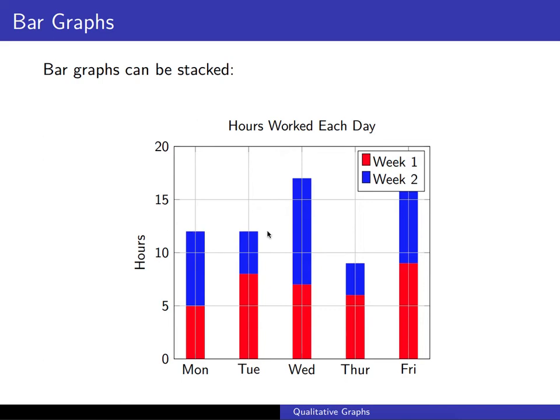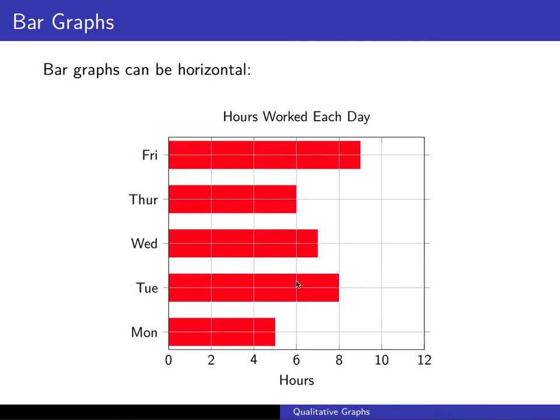And then same thing with Tuesday, Wednesday, Thursday, and Friday, where we just stack the second week right on top of the first. So the second one picks up on the bar graph where the first bar leaves off, in this case, where the red bars for the first week leave off.